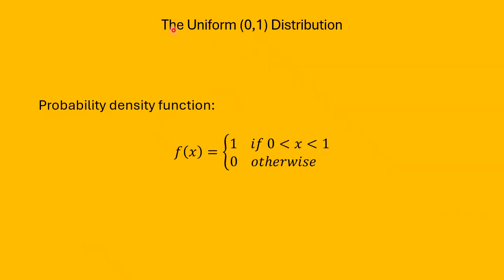Let's talk about the uniform 0-1 distribution, the uniform distribution on the interval from 0 to 1. The probability density function is the following: f of x equals 1 if x is between 0 and 1, and it's 0 otherwise. So this is a fairly simple function to look at.